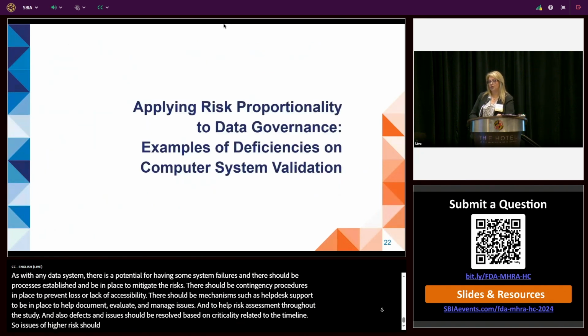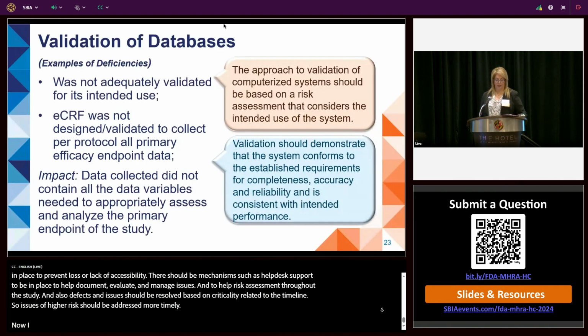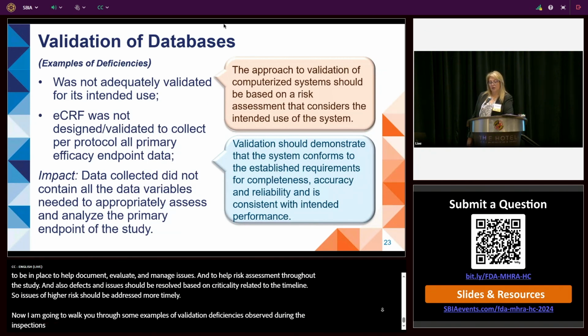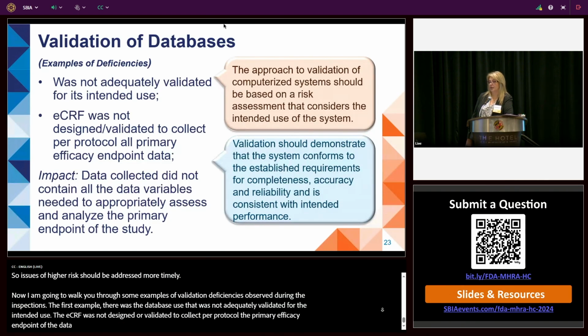Now I'm going to walk you through some examples of validation deficiencies observed during the inspections. In the first example, the database used was not adequately validated for the intended use. The eCRF was not designed or validated to collect, per protocol, the primary efficacy endpoint data, which is a very critical data point in the study.